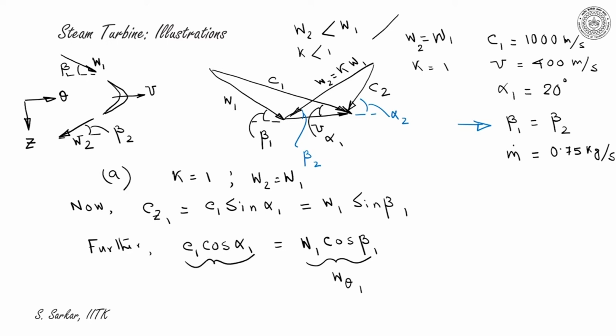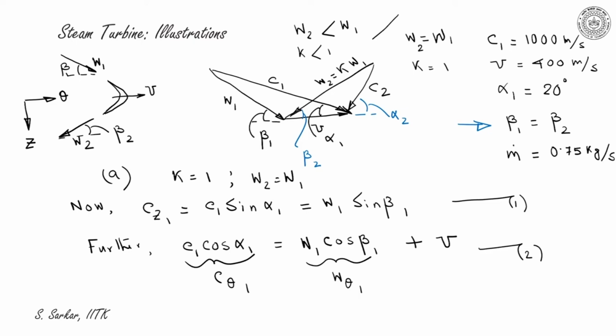This is C theta 1, and that should be plus U. So C theta 1 is equal to W theta 1 plus U, that you can see from velocity triangle. So now I can say this is my equation number 1 and this is equation number 2.